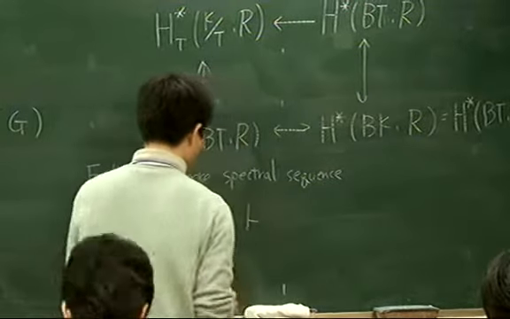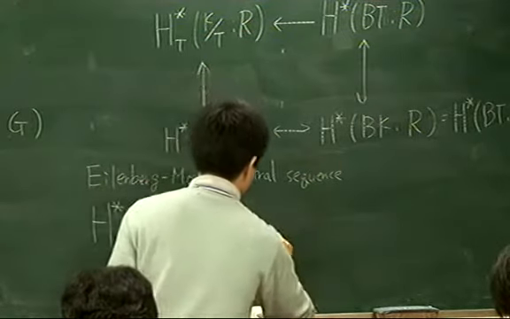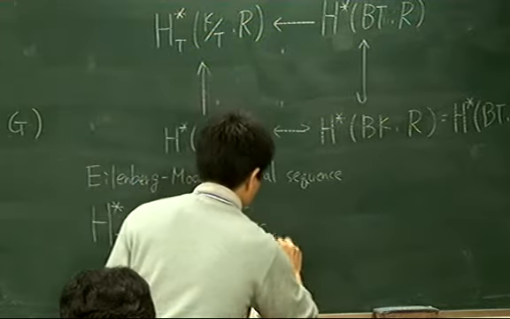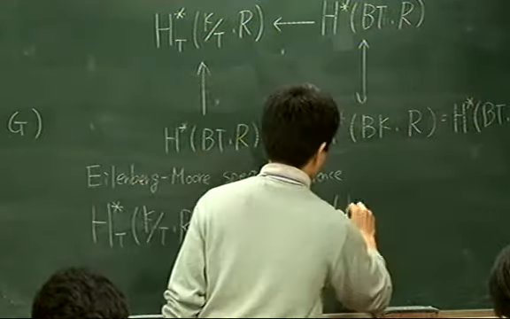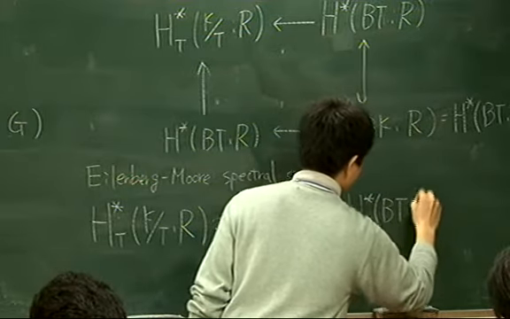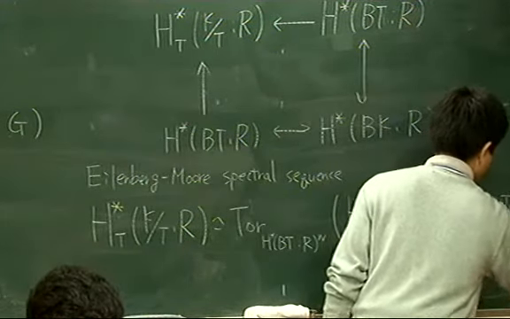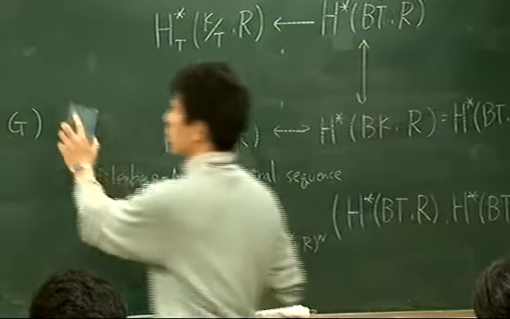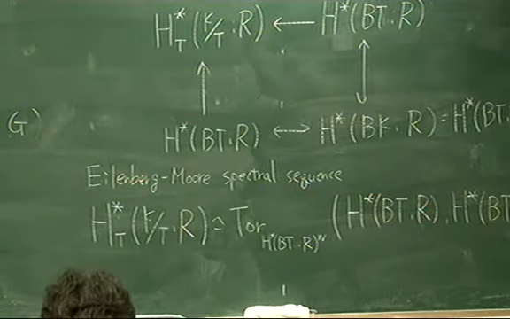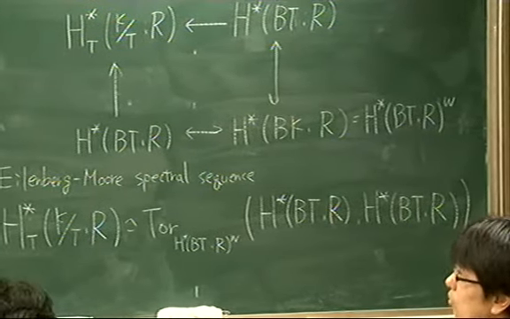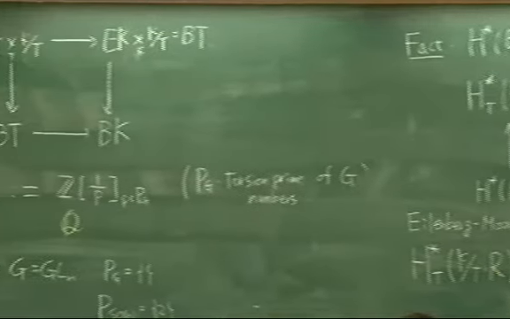As the Tor over this in here, of, this is just a polynomial ring.